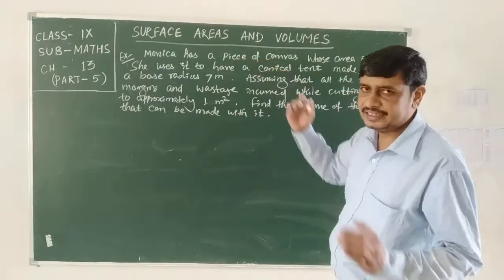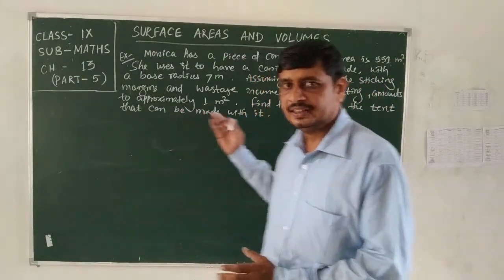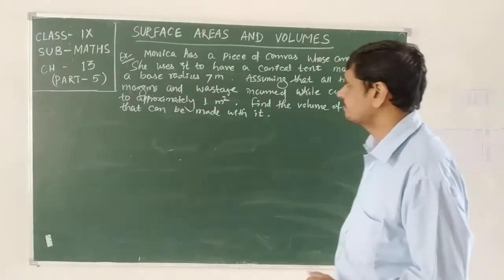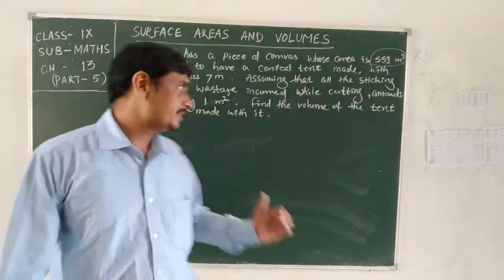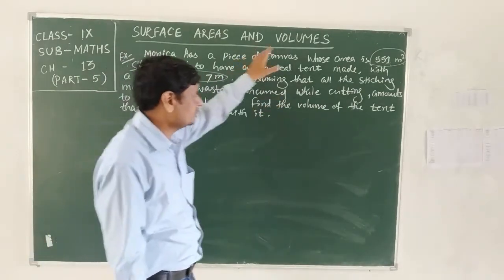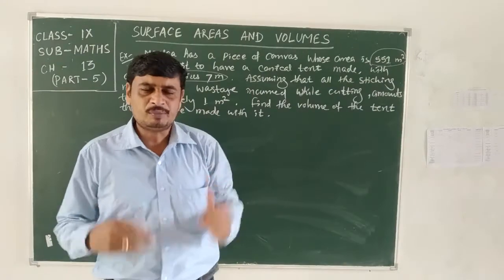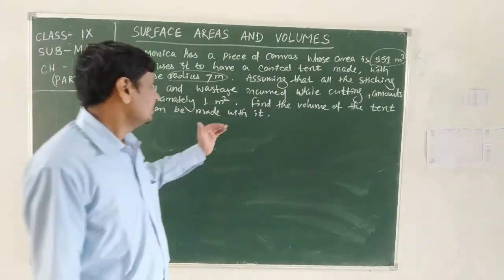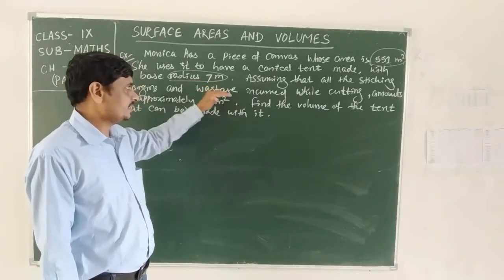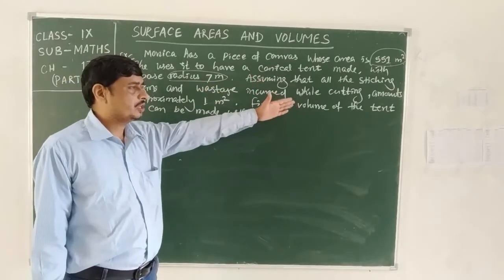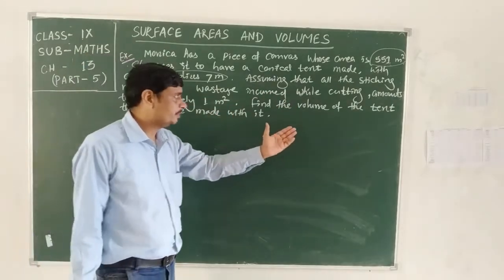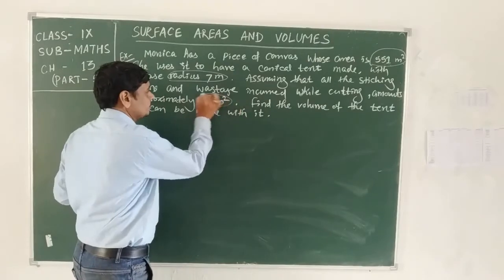Here, the canvas that is used to make a conical tent is given as 551 meters square, and the base radius is 7 meters. There is some wastage included there by stitching, margins, cutting, etc. That is 1 meter square.